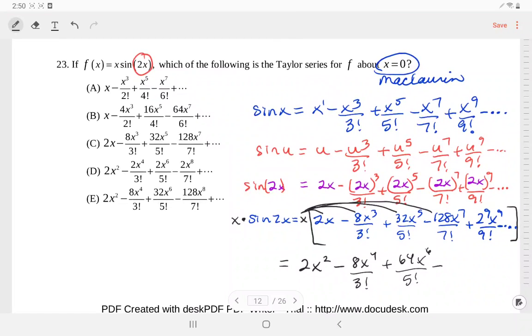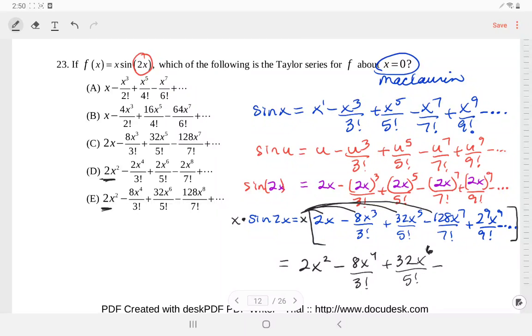I wonder what I did wrong. I see my 2x squareds. Oh, I don't know why I multiplied 32 by 2. Okay, multiple choice saved me. So 32, I should only add the exponent.